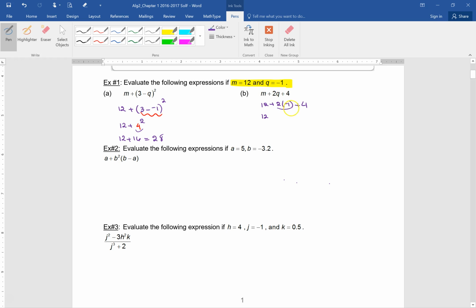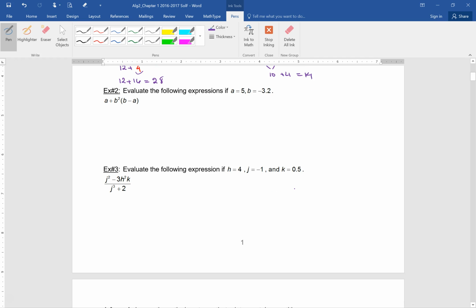Minus 2, so we do the multiplication first, plus 4. And now we have a subtraction here and an addition, and it doesn't matter, you just go left to right. So 12 minus 2 gives us 10 plus 4, 14. Okay? All right, so the other one is a little bit more involved.